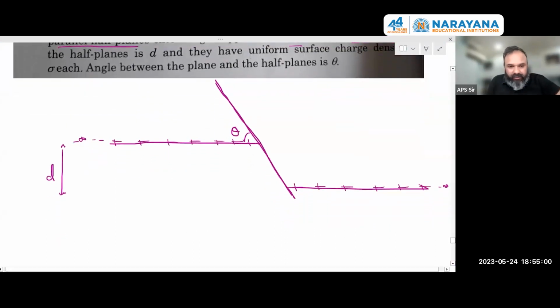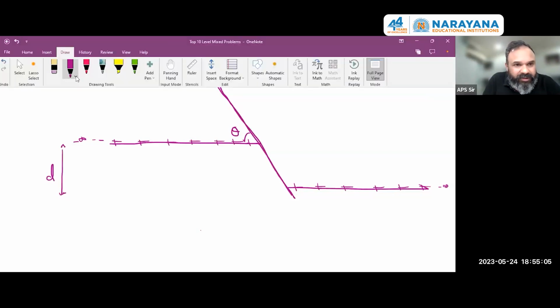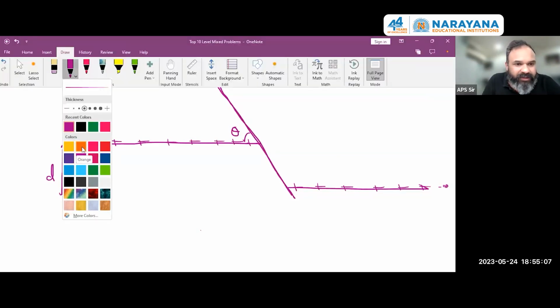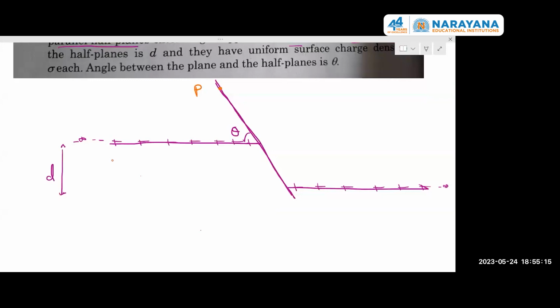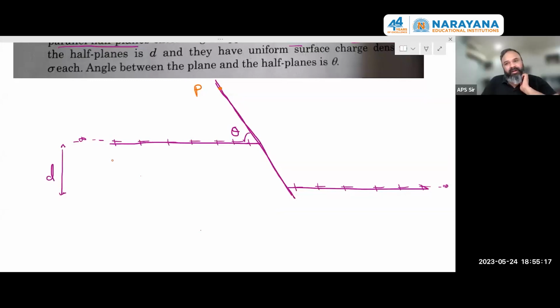So conceptually, you can approach this problem. Just think, let me take a point P here. Let me try to write the field at this point. These two guys are having sigma. Now, hypothetically, think that instead of having this plane here, I shift this plane to this location.